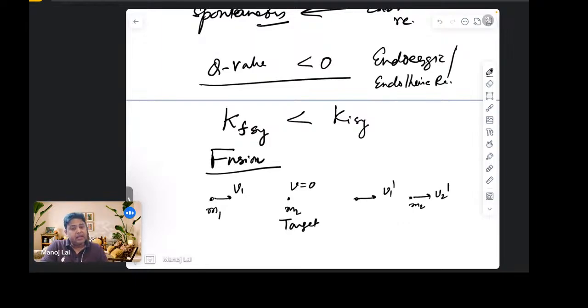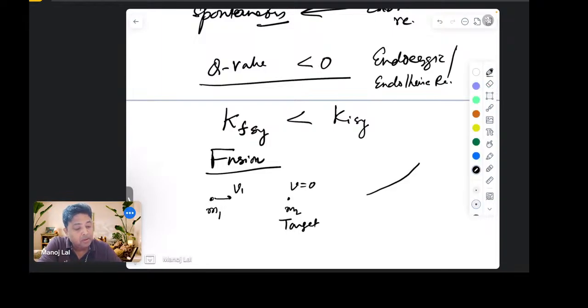Even I can say it in a better way: particle 1 is moving like this. This is particle 1, this is particle 2, and particle 2 moves like this.